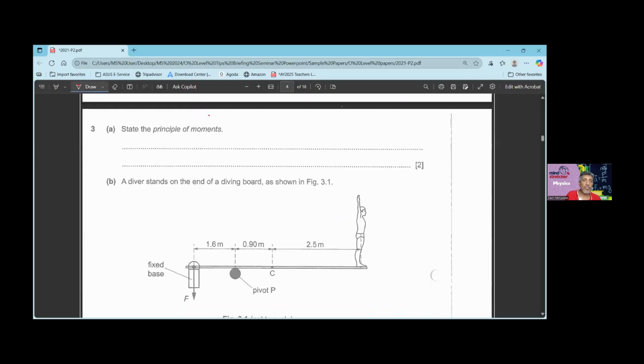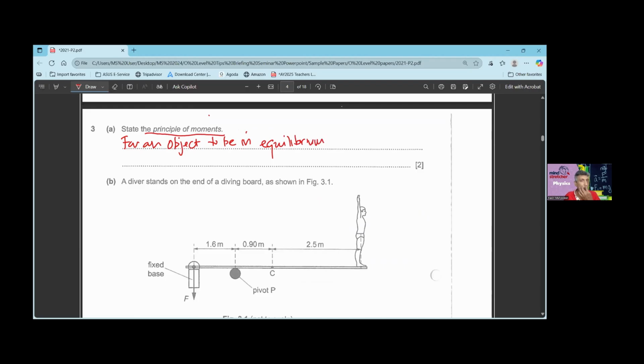Okay, next, state the principle of moments. Guys, all of you, even combined science students, we need to know. For an object to be in, you don't need to say rotational equilibrium.